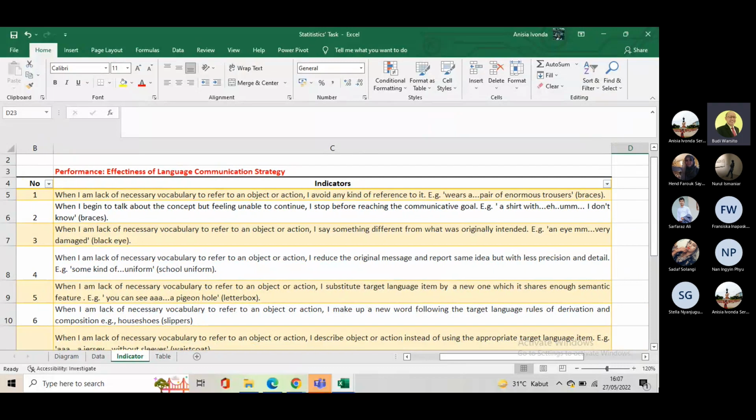Okay. And then between the two variables, there should be no contradiction either.